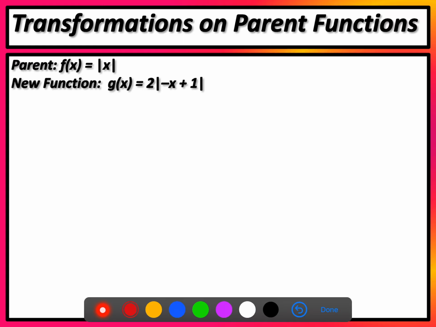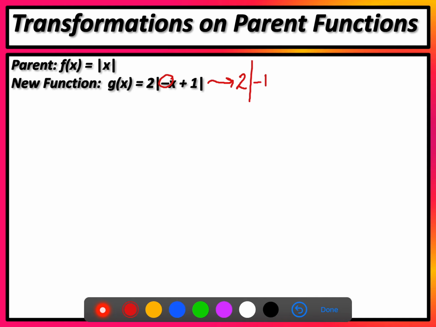Okay, so now I have 2 absolute value of negative x plus 1. The first thing we want to do, whenever there is a coefficient or a negative on the inside of our function, is factor that out on the inside there.